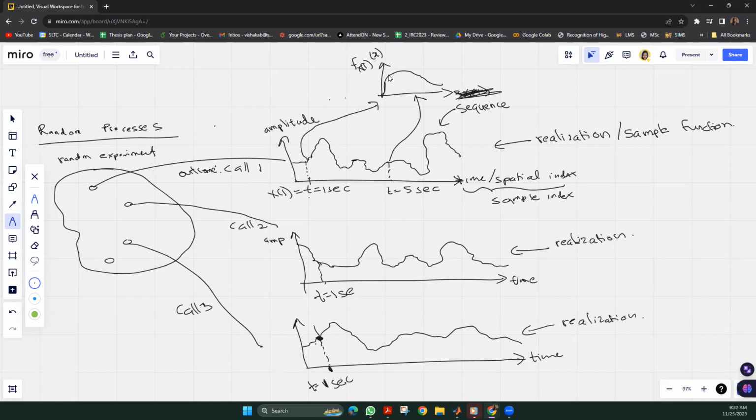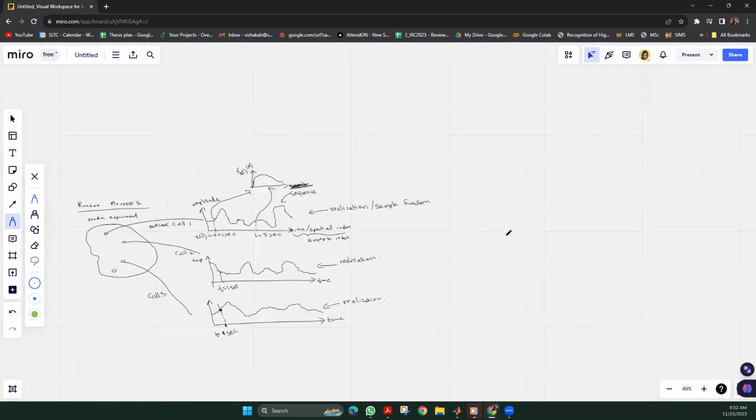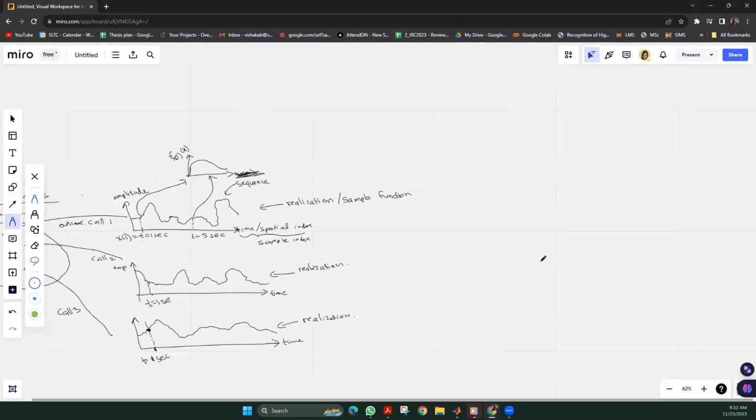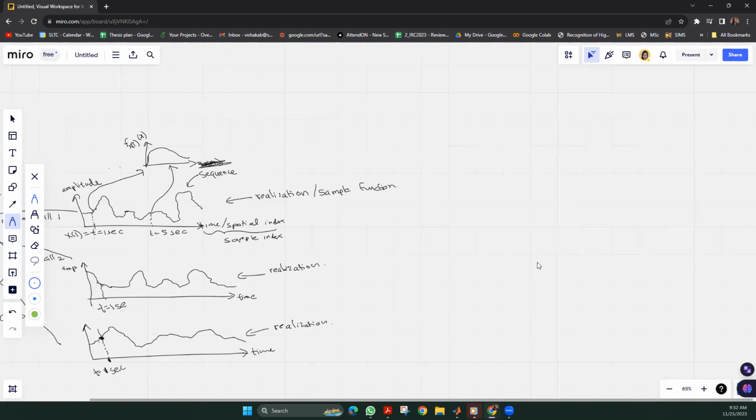We will write down the definitions of the different names that we are using under these random processes. Basically, a random process is defined as the ensemble of deterministic sequences or deterministic realizations.